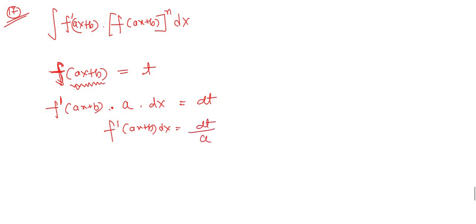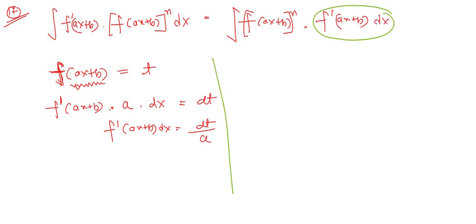So what I am getting here, let me write down, it is f of ax plus b power n, f dash ax plus b dx. This part is nothing but dt by a. So this is equal to t raised to power n, because this part I have assumed as t.